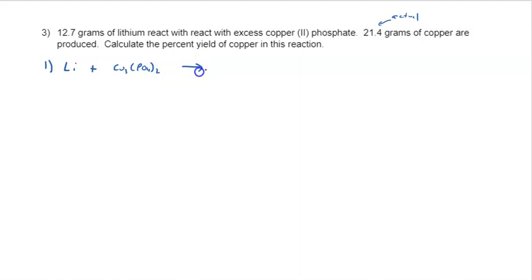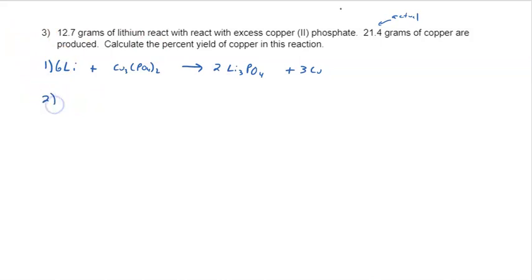It's going to yield lithium phosphate, Li3PO4, and copper metal. So let's see, I've got 3 coppers, I'm going to need 3 there, 2 phosphates, I'm going to need 2 there, and a 6 there.